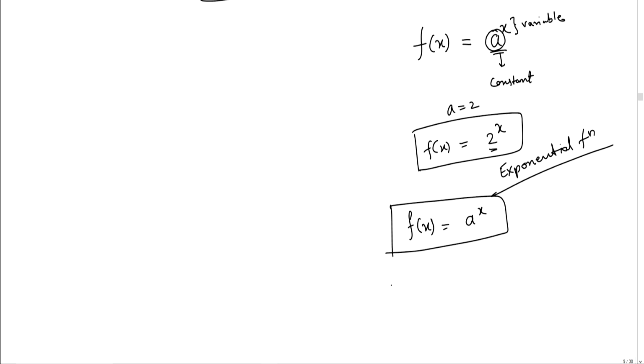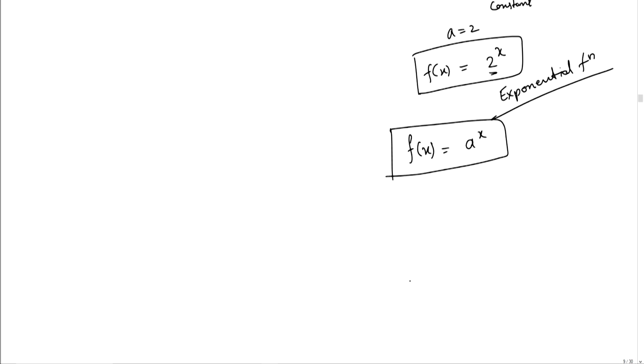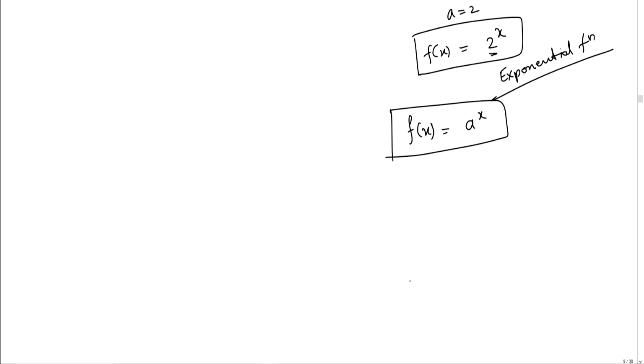Now, depending on the base, this function would behave slightly differently. How? Let us give it a try. Let us see how the function behaves differently if the base changes. So, let us take some examples. Let us say a equals 1. What would happen if a equals 1?